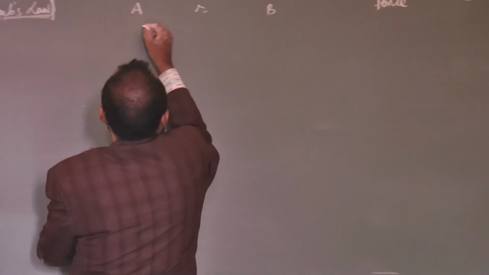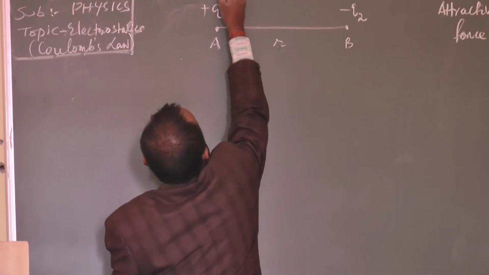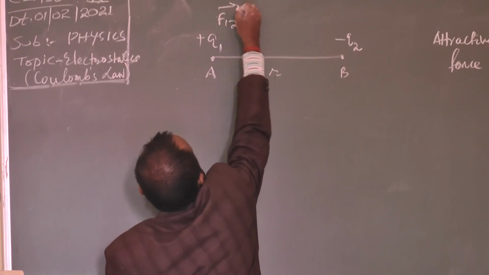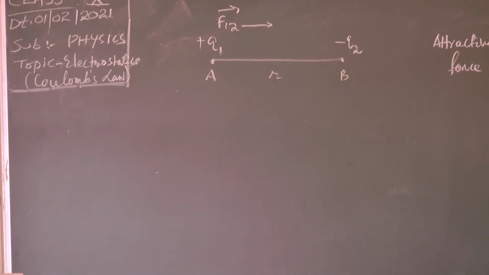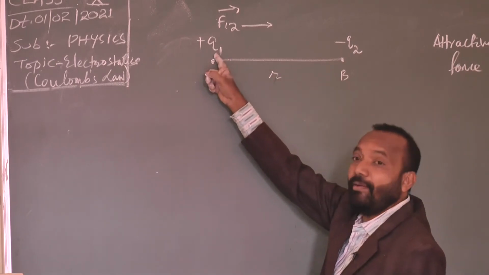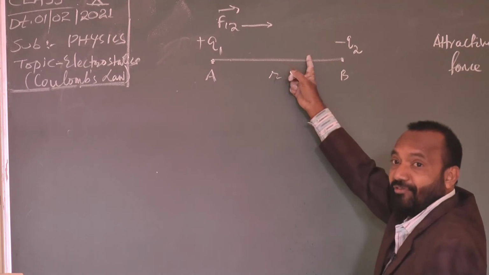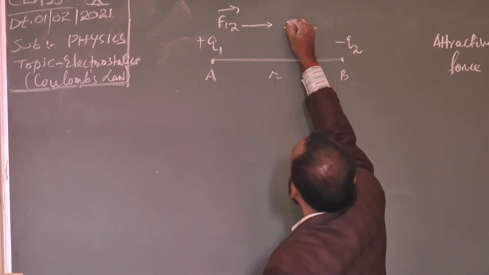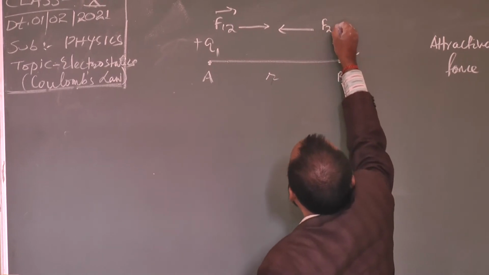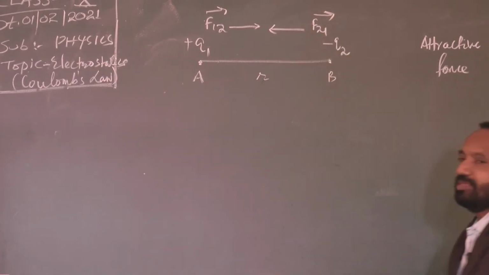Now, the force of interaction F12 will be in this direction, yes or no? F12 is the force of interaction by 1 upon 2, towards 2, and F21 is in this direction.